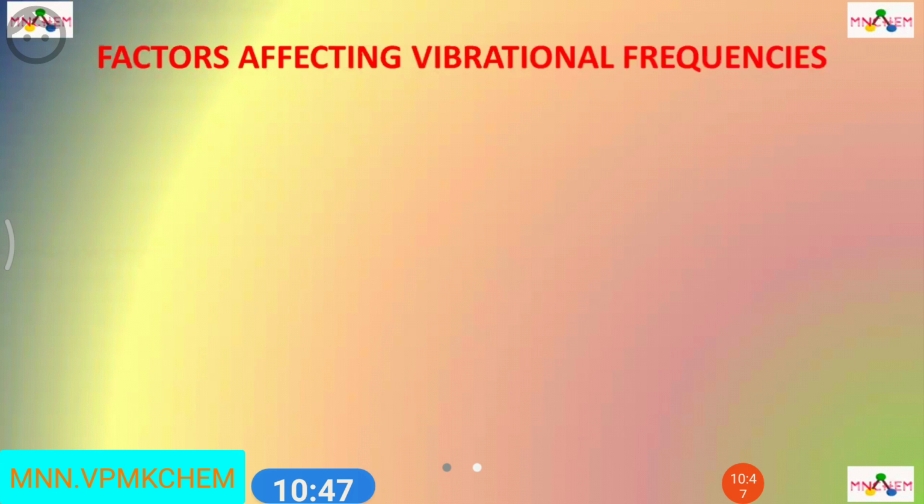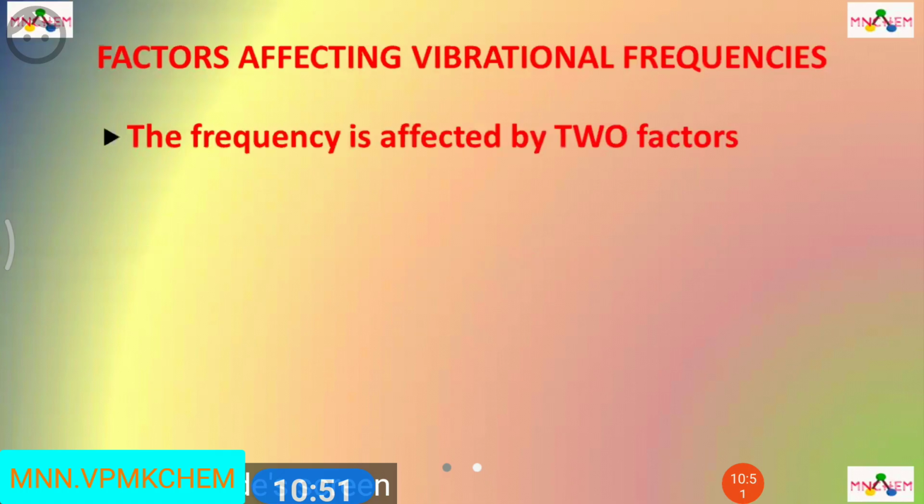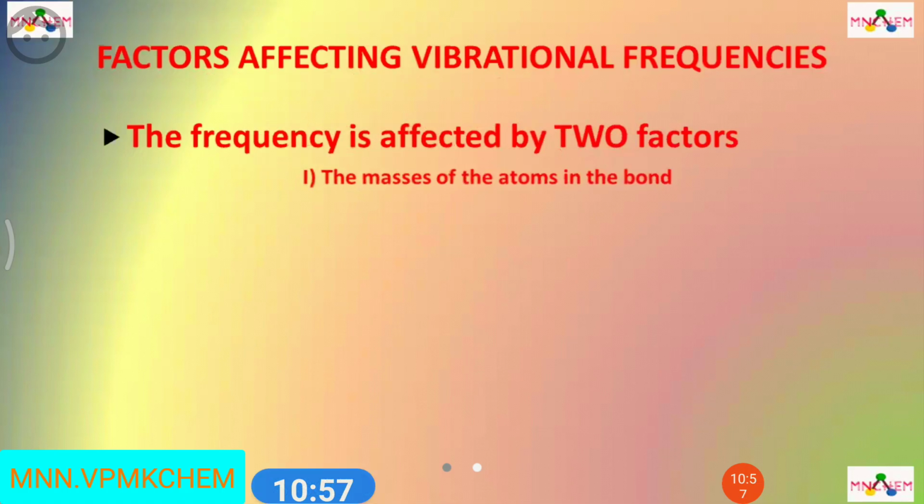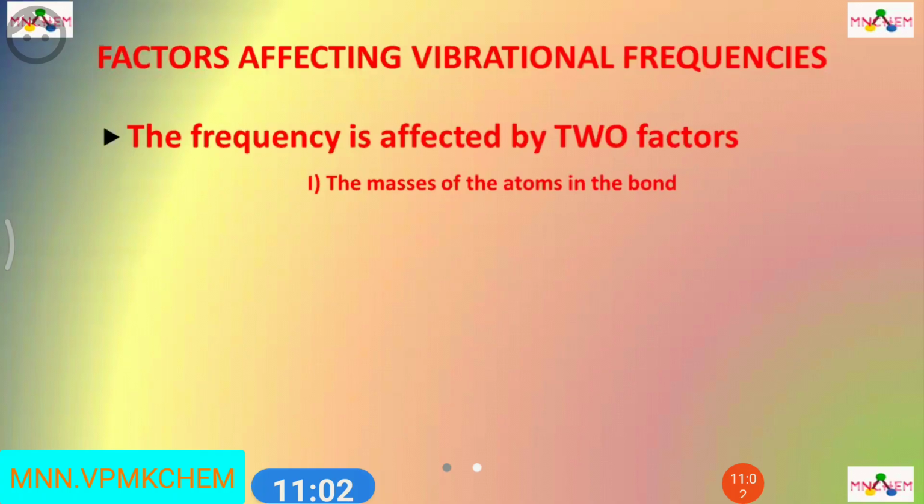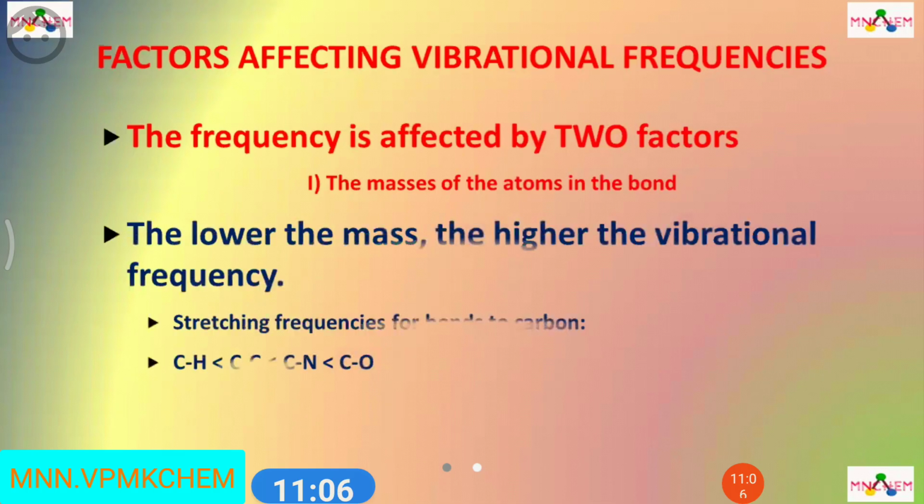Now let's see the factors affecting these vibrational frequencies. There are two important factors which cause change in the vibrational frequency. First of that is the masses of the atoms attached to the particular bond. And it has been found that the lower the mass, the higher the vibrational frequency.